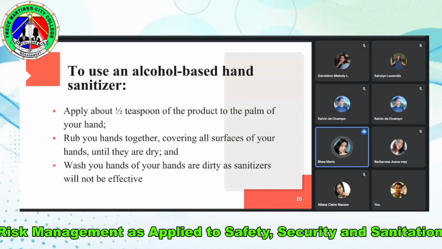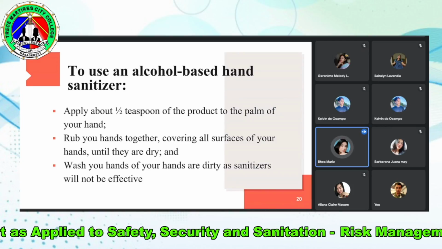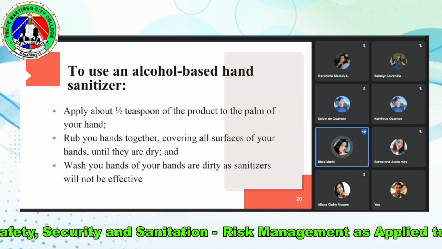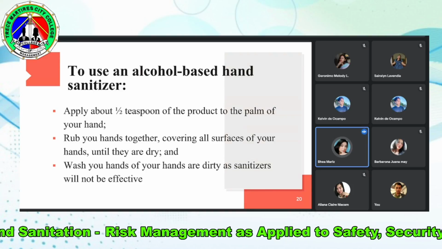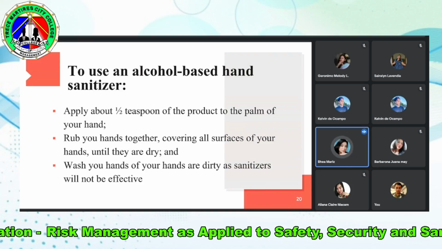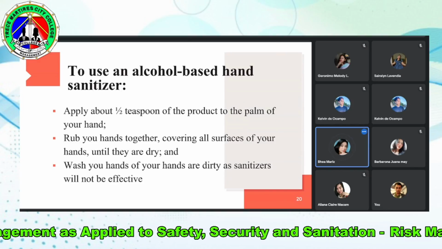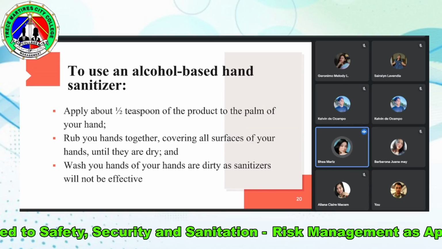Then to use an alcohol-based hand sanitizer, apply about 1/2 teaspoon of the product to the palm of your hand. And then rub your hands together, covering all surfaces of your hands until they are dry. Do not use it if your hands are dirty as sanitizers will not be effective.